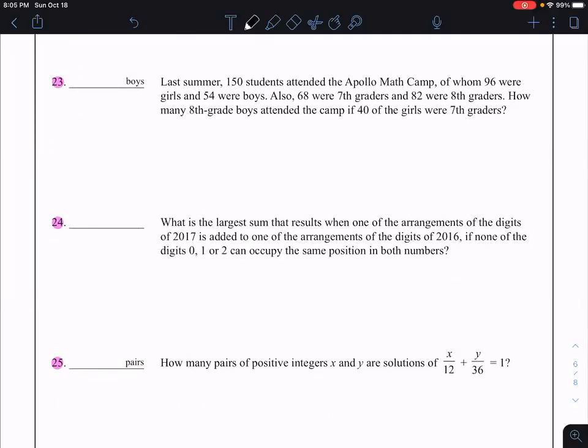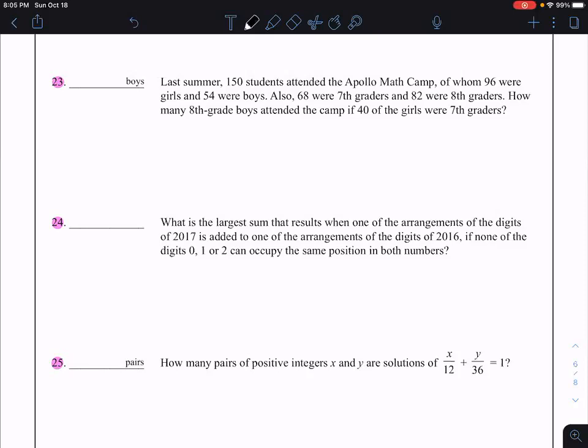Twenty-three. So you have 96 girls, 54 boys, 68 7th graders, and 82 8th graders. And you know that 40 of the girls are 7th graders.